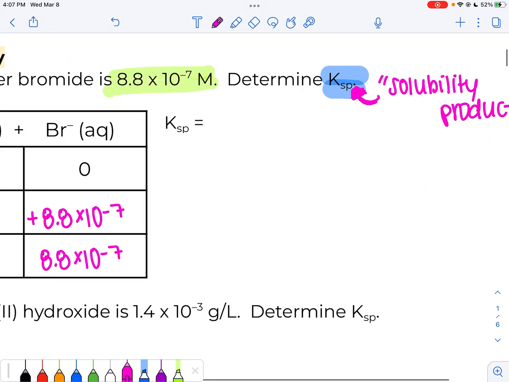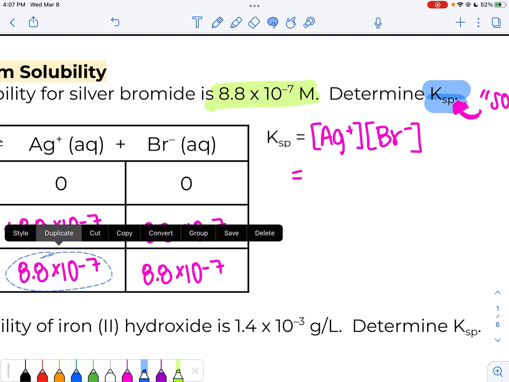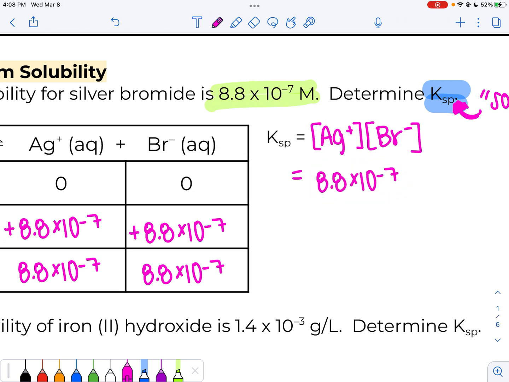So our products here are silver ion, Ag+, and the bromide ion, Br-. We don't have any coefficients, so both of these are raised to the power of 1, so this is our solubility product. To find the value of it, we're going to plug in our equilibrium concentrations. At equilibrium, we know that each of these things has a concentration of 8.8 times 10 to the negative 7th molar.